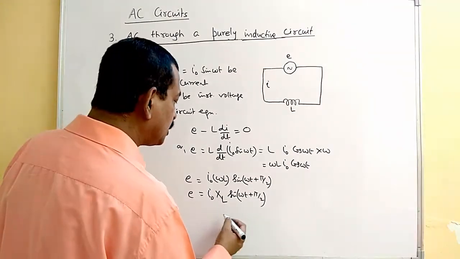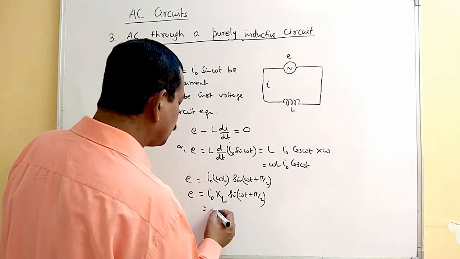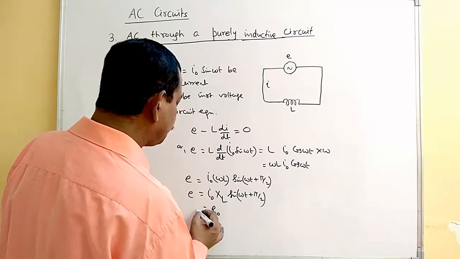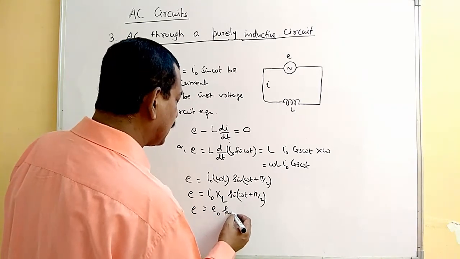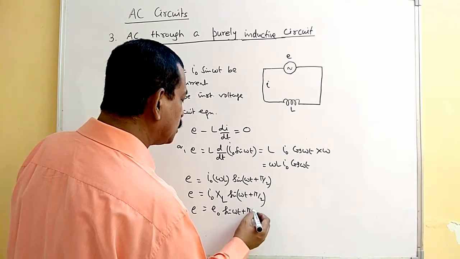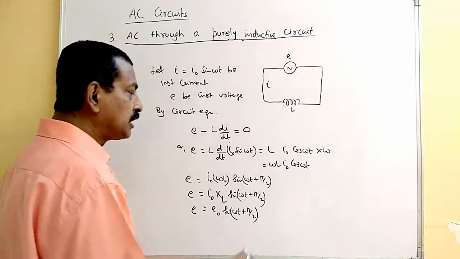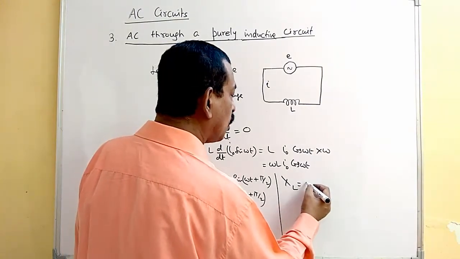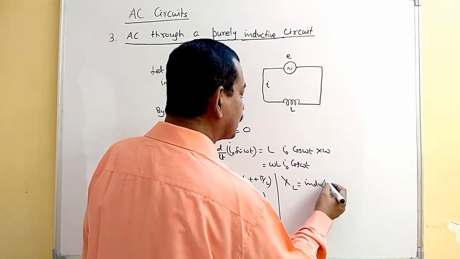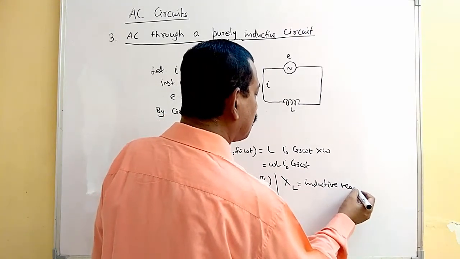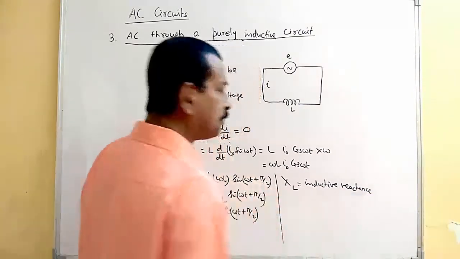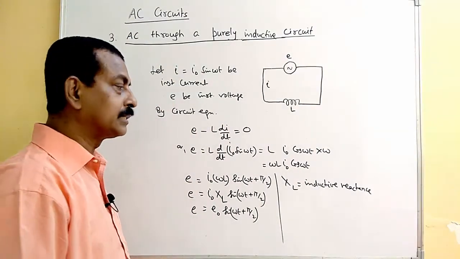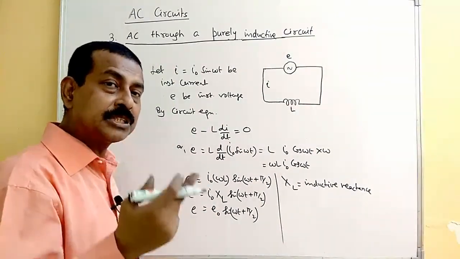Now again, this we can write as E naught sine omega t plus pi by 2. Of course, here we have taken XL, and this is called the inductive reactance. XC was the capacitive reactance.